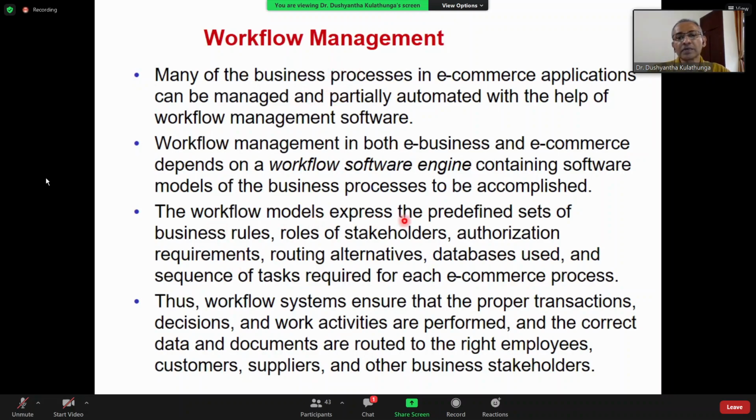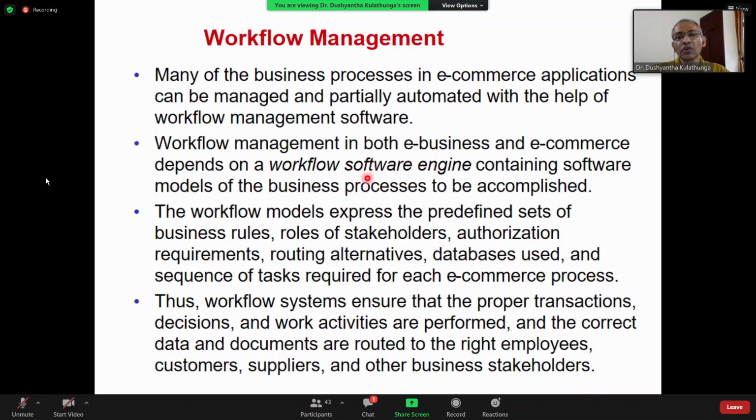The workflow model expresses the predefined sets of business rules, roles of stakeholders, authorization requirements, routing alternatives, databases used, and the sequence of tasks required for each e-commerce process.